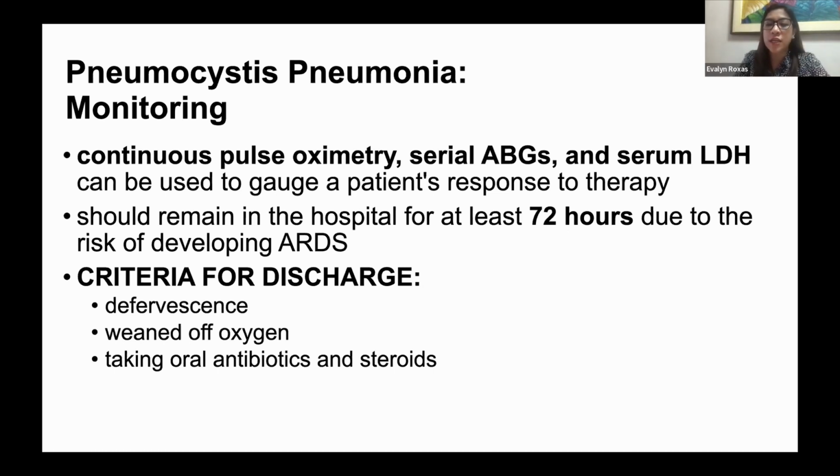Of course, we cannot discharge intubated patients. The patient should also be able to take oral antibiotics already. These are some of the parameters that can tell us the patient can be discharged, together with other clinical conditions, so it depends on the clinical decision of the attending.